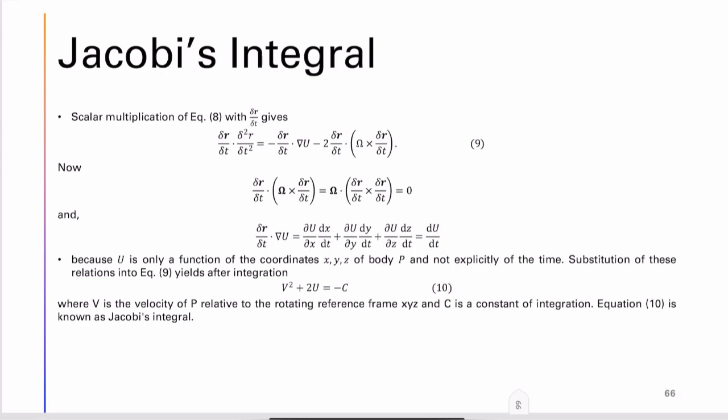Similarly, we have derived the final expression, equation 8, in the three-body problem. In that, we are going to multiply by the scalar dr by dt.